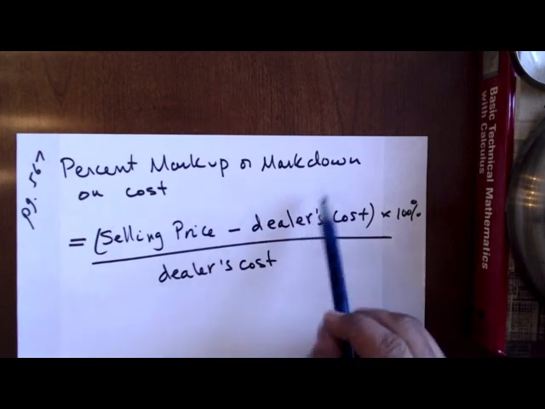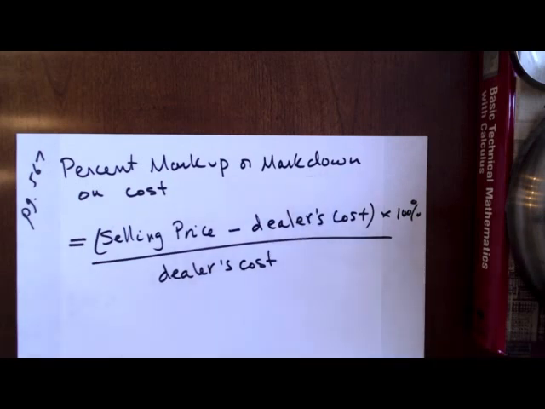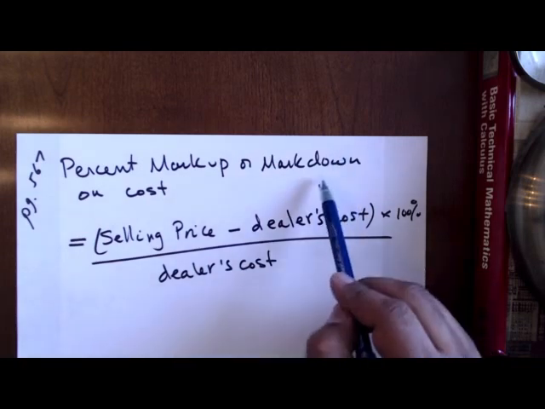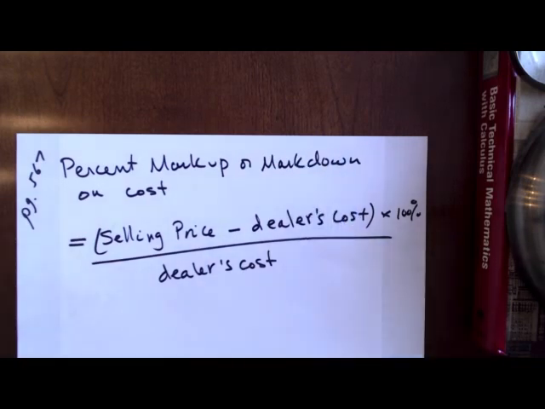Now, the markdown. It could be something like a product has been on display for some time, and they want to move the inventory, so they say they're going to lower the price, and they give you a markdown. They want to give you a percentage discount, so these numbers can also be used for that.